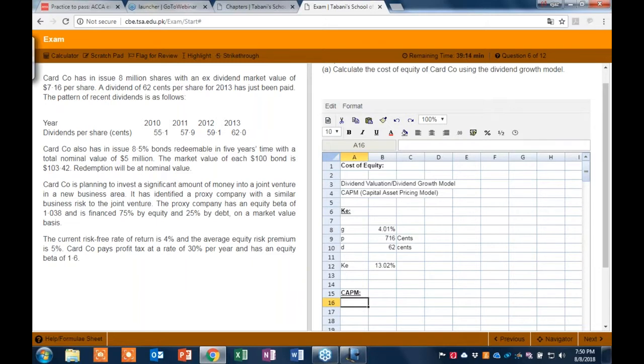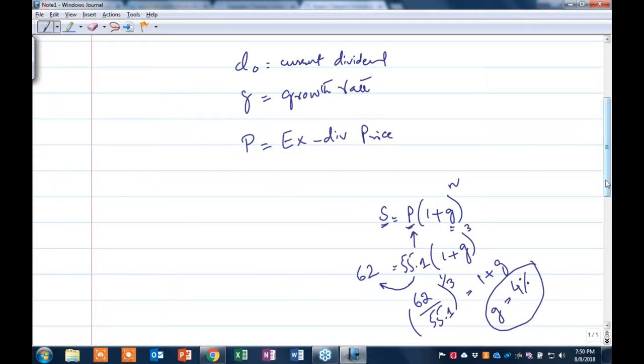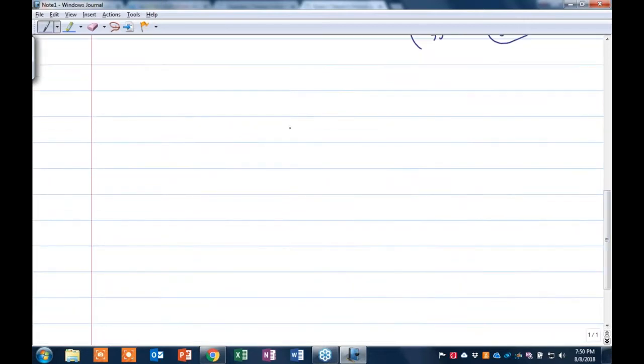So according to the CAPM model, an investor will ask for risk premium, and this is how the CAPM model predicts the cost of equity.